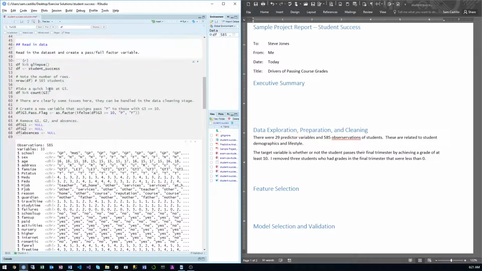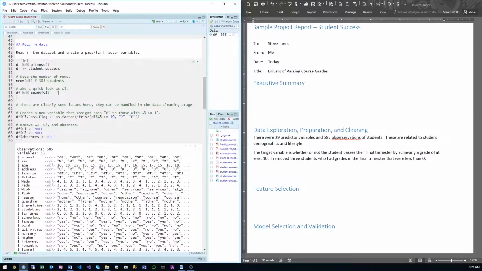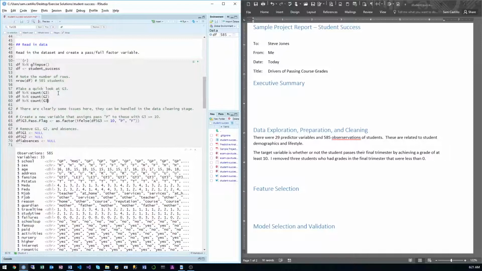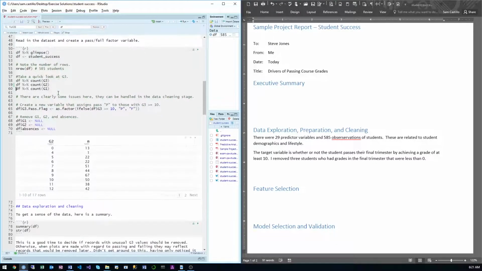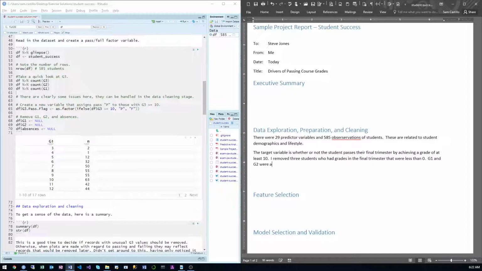And let's just look at the other grade values to see if they're always positive. Yes. G1 and G2 were always 0 or greater.